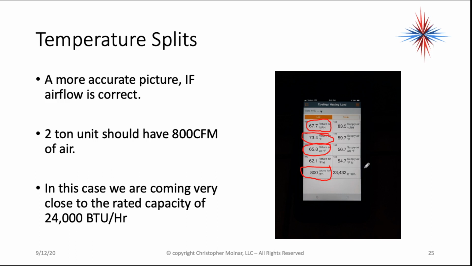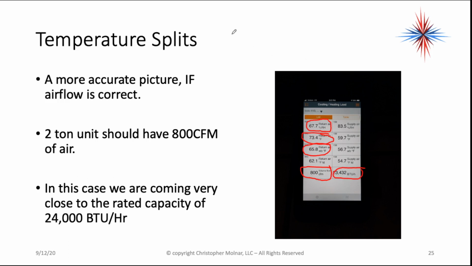And this software calculates what my BTU per hour of cooling is, based on the readings and the airflow. So as long as I'm getting 800 CFM of air, with this humidity, I am actually cooling and using 23,432 BTU.